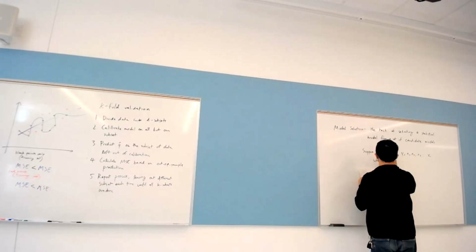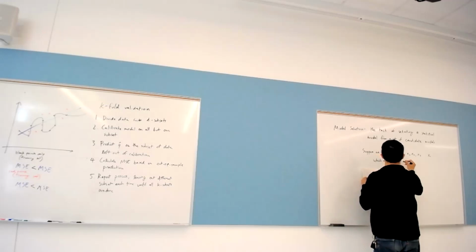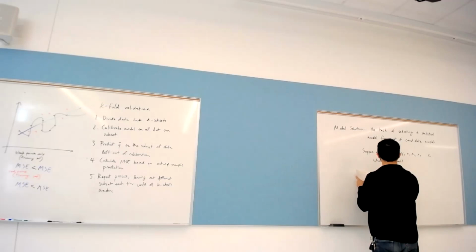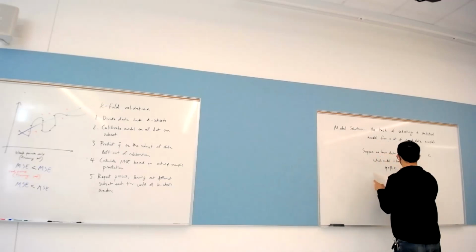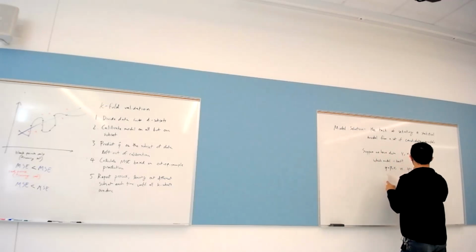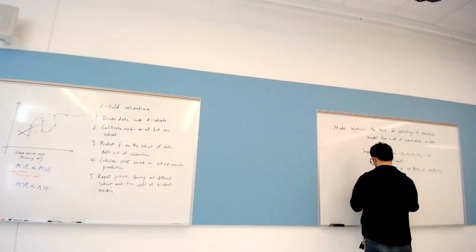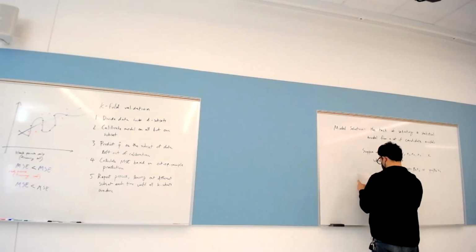So which model is best? Is it y equals beta 1 x1? Or is it y equals beta 2 x2? Or y equals beta 3 x3? And so on and so forth, to all the combinations.